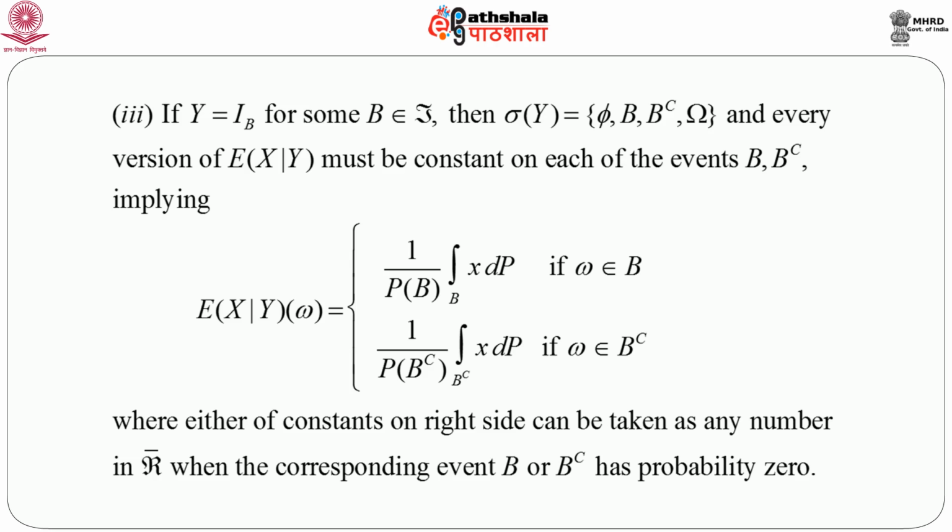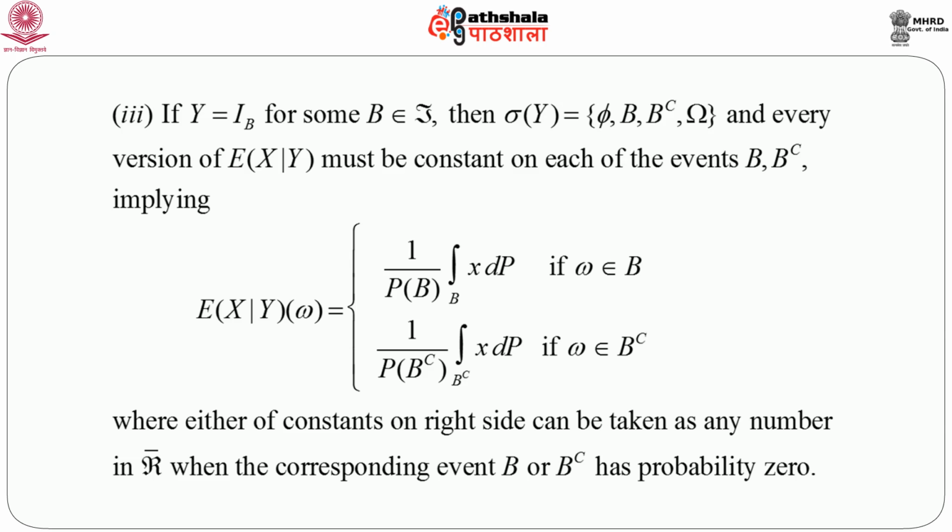And every version of the expectation of X given Y must be constant on each of the events B and B complement, implying that the expectation of X given Y at omega equals 1 by probability of B times the integral over B of X dP if omega belongs to B, and if omega belongs to B complement, this will be 1 by probability of B complement times the integral over B complement of X dP.